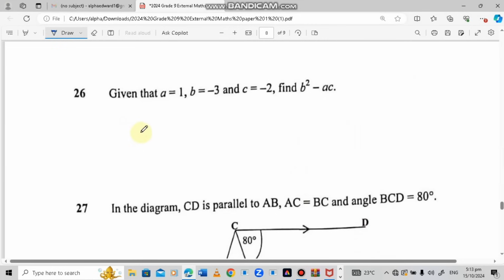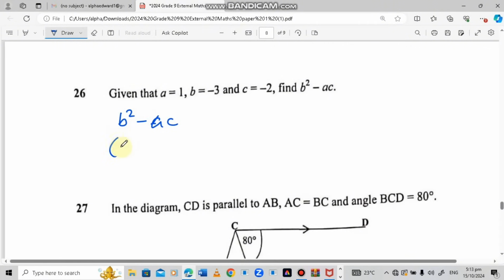Question 26. Given that A is 1, B is -3, and C is -2, find B squared minus 4AC. So B is -3.